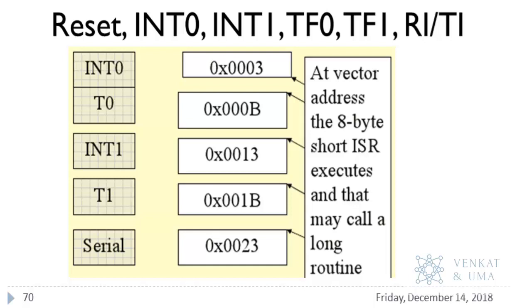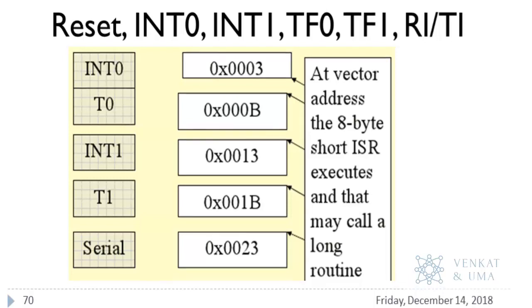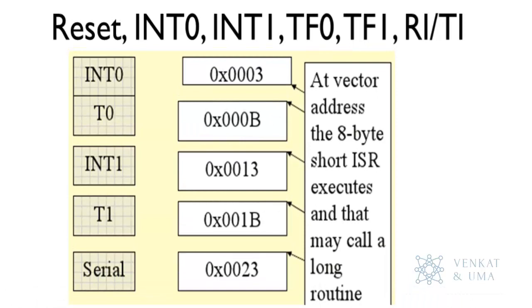Now, as you see in the slide, each of these interrupts has its own vector address in the memory. So what do I mean by vector address? Whenever you press or assert INT0, the processor goes to the address 0003 and then checks for what needs to be done when this interrupt is asserted.